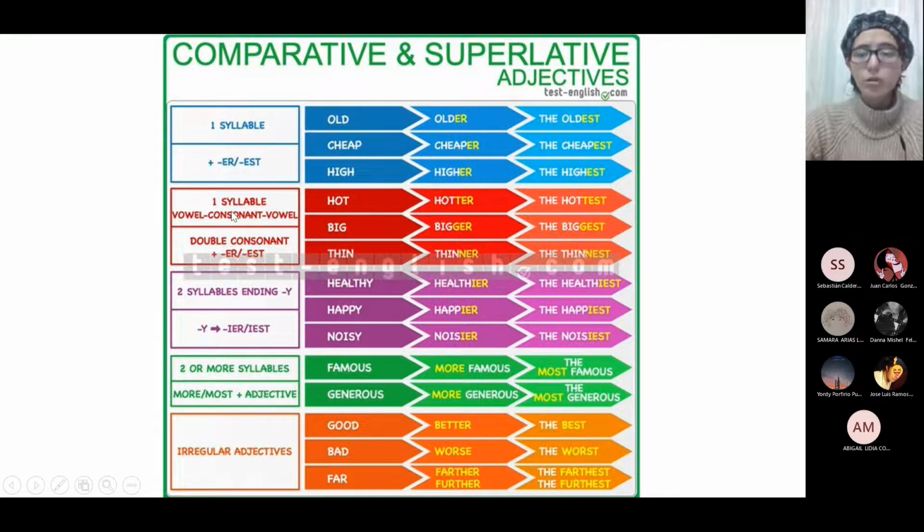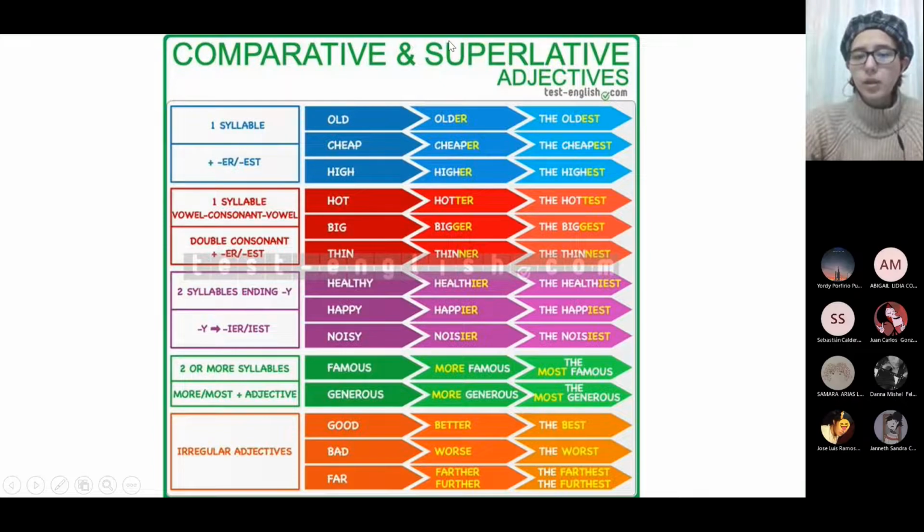Es por eso que estoy enfocándome mucho en las sílabas. Porque es cierto, en español solamente decimos more, right? El más famoso. El más para comparar algo, para hacer el superlativo, right? But in English, if they have one syllable, so they are going to add ER for the comparative and EST for the superlative. So today we're talking only of the superlative. Yes?